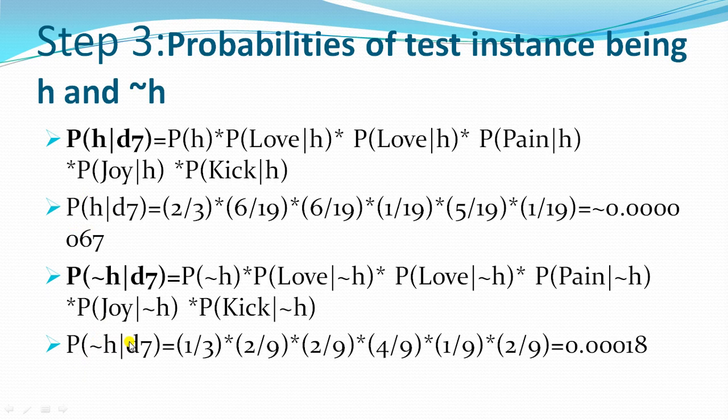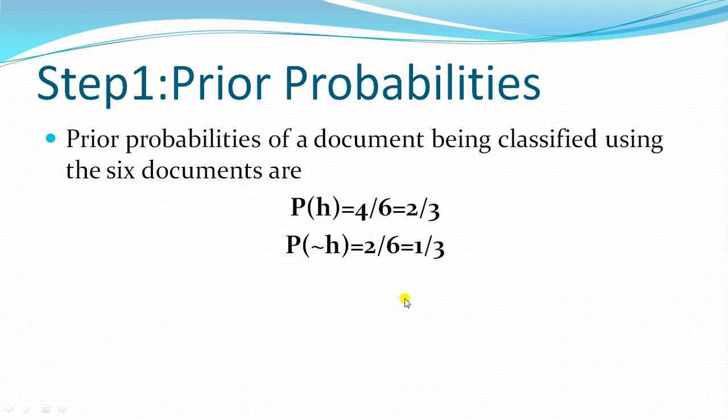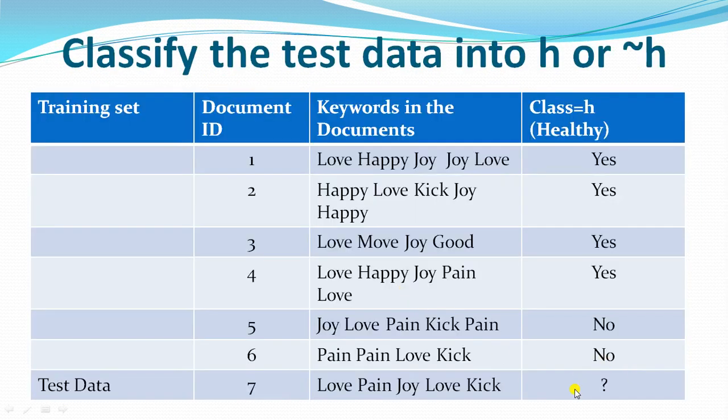The probability of D7 being in the no class is higher than being in the yes class. So obviously D7 will be in the class of not of H. So finally it will be no.